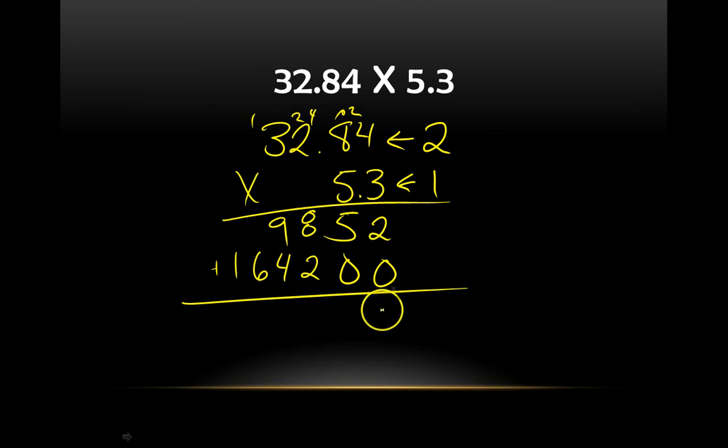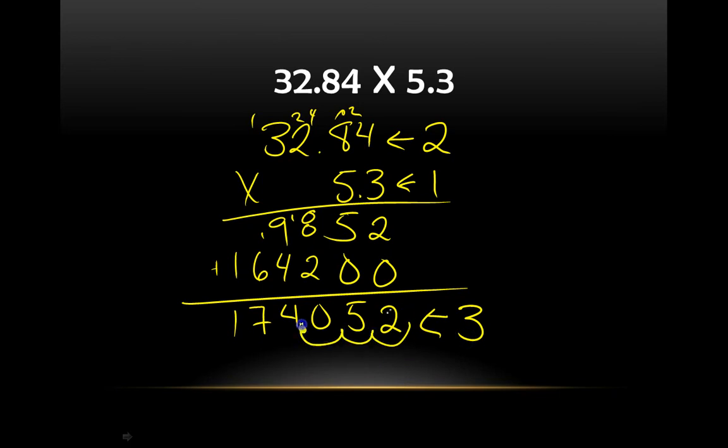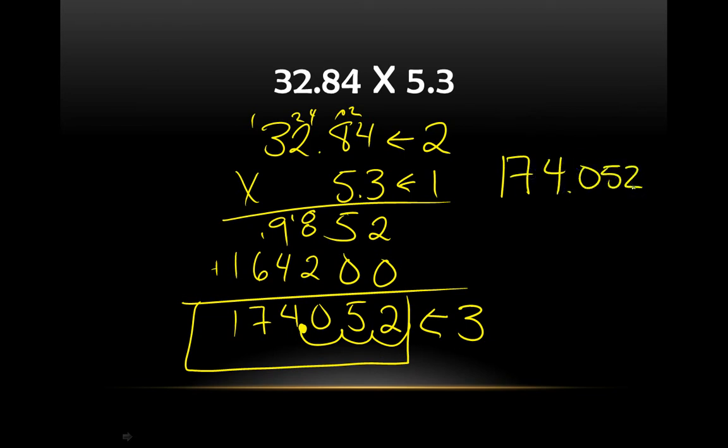Alright, so then we add 2, 5, 10, 14, 7, 1. And we'll move that decimal place over 2 plus 1 times, and that's 3. So 1, 2, 3. And so that would be my answer, 174.052.